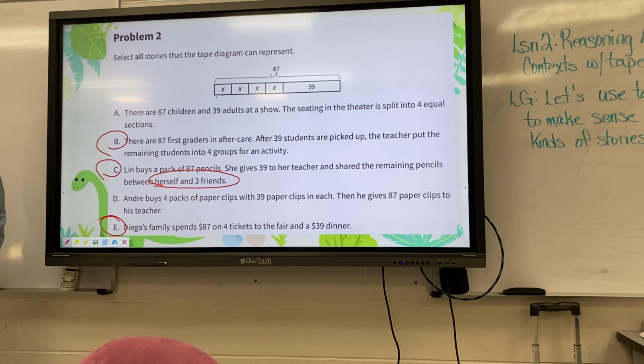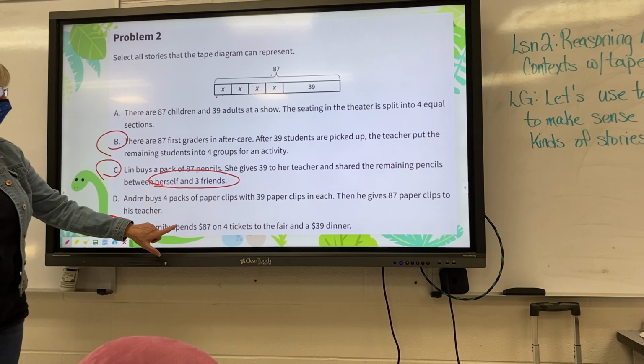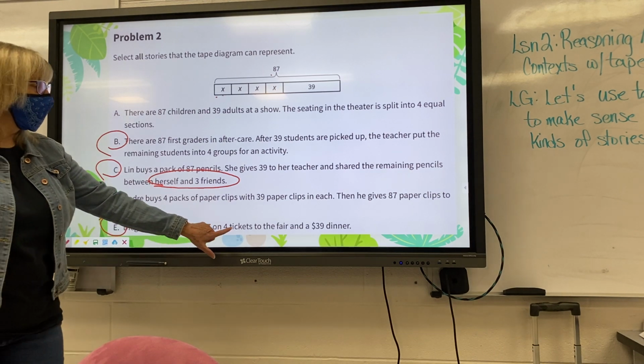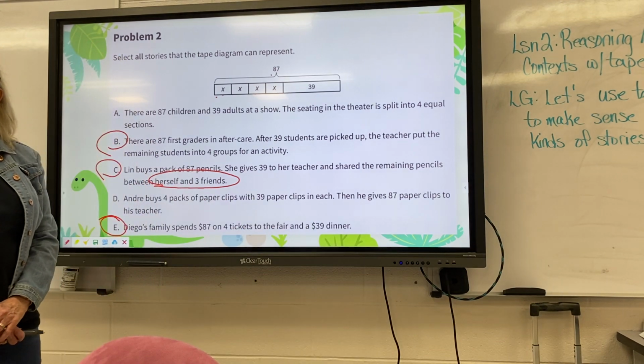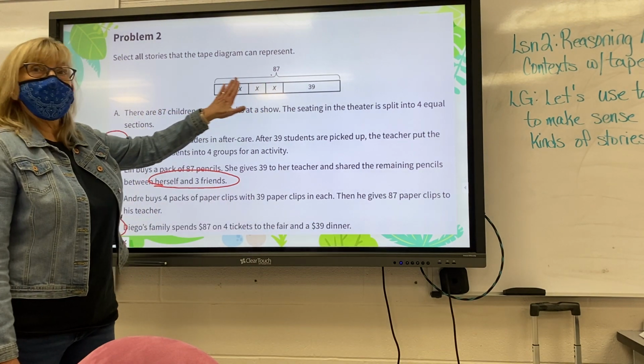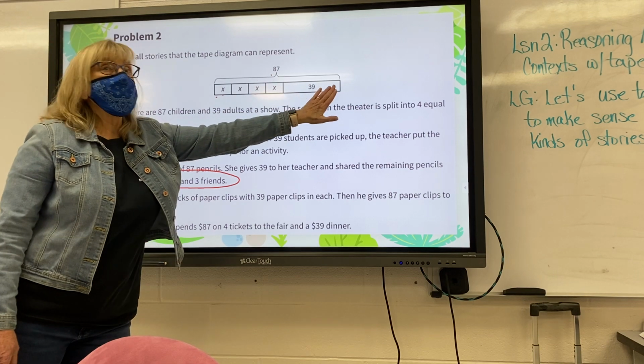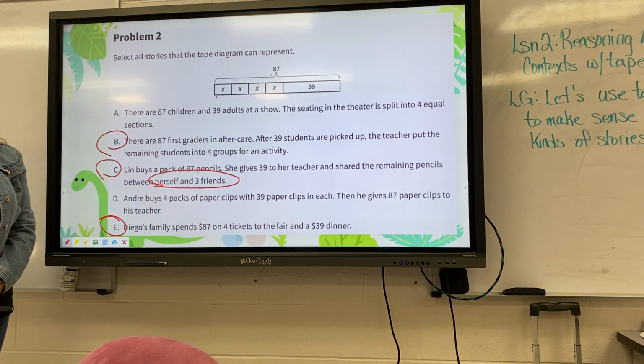Questions you have on that? I do have one question. So they spent $87 on tickets, 4 tickets. No. Diego's family spends $87 on 4 tickets to the fair and a $39 dinner. So this is the 4 tickets and dinner. How would that equal up to 87?